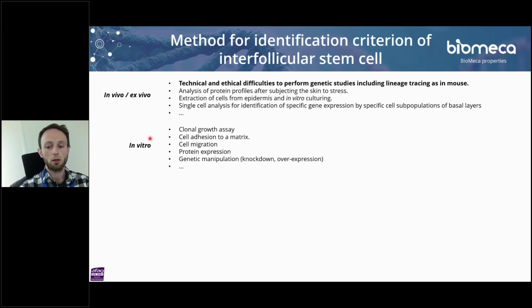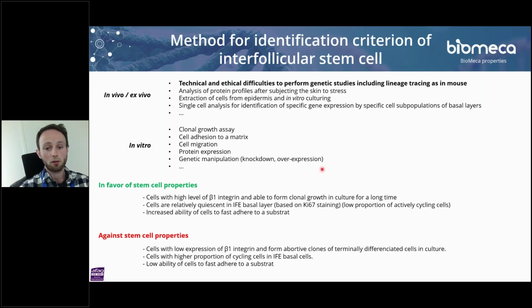Technically, in vitro, a lot of approaches or experiments have consisted in testing the capacity of proliferation of these different cell subpopulations by a clonal growth assay, or testing the capacity of adhesion of a cell to a matrix, the capacity of migration of a cell, of course, the analysis of the expression of some proteins depending on the cell population, and of course, some genetic manipulations, such as knockdown or overexpression of a protein, to identify its function.